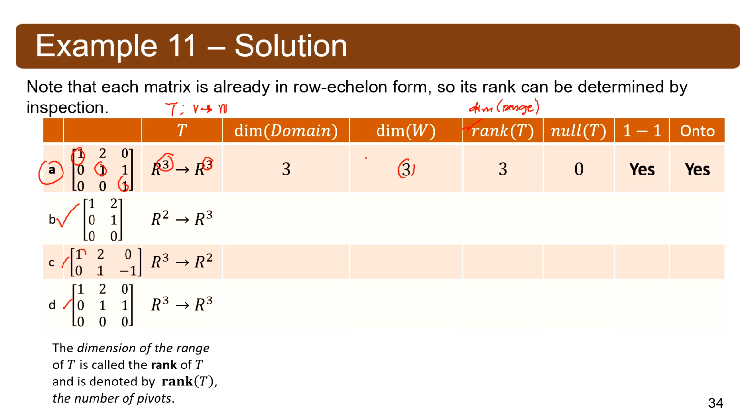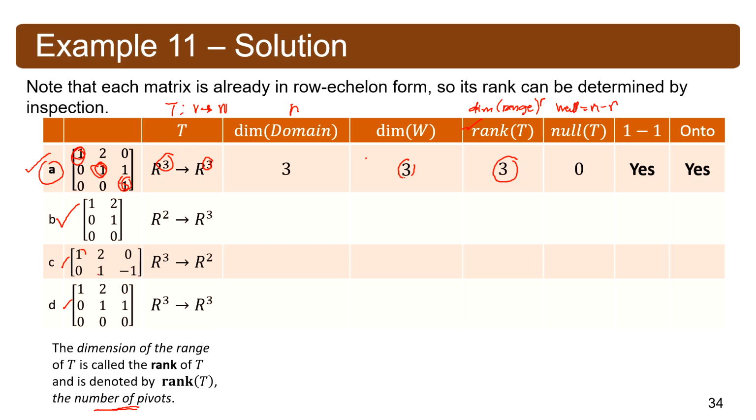It is also the rank of the transformation, and how do we get the rank? We count the number of pivots. So the number of pivots here is 1, 2, 3 for letter A, so we have rank 3. And how do we get the nullity? This is your n, and this is your rank r. The nullity is equal to n minus r.